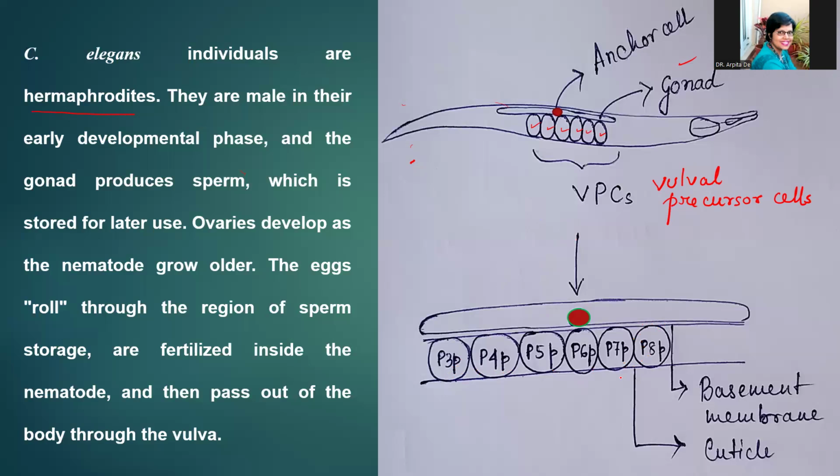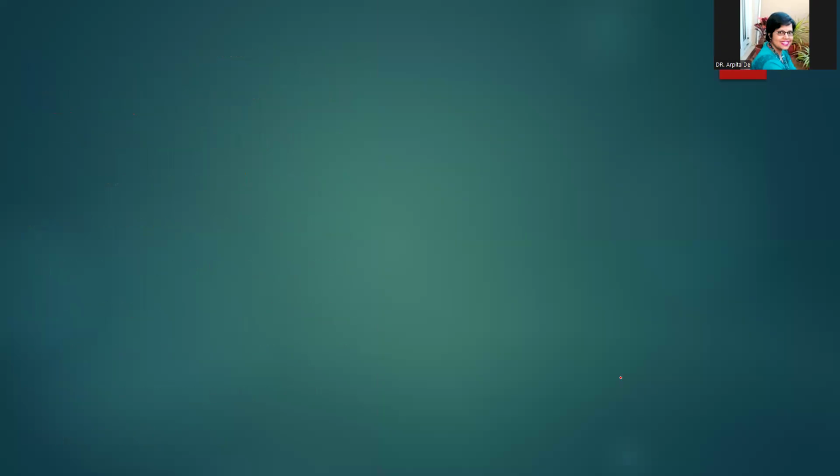See, the adult vulva comprises 22 cells, which are progeny of 3 ancestral cells originally located in a row on the undersurface of the developing worm, right?